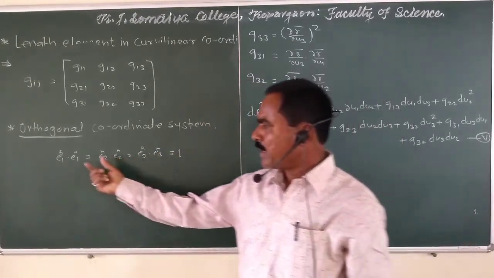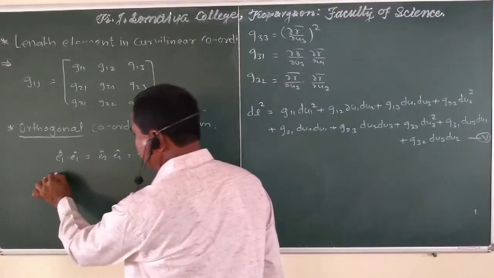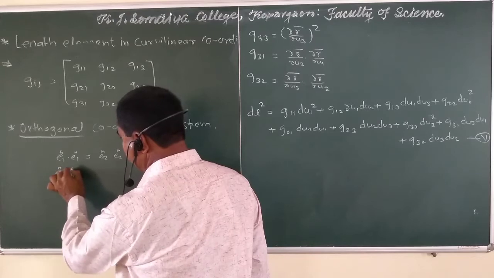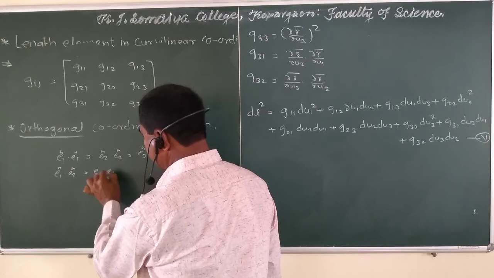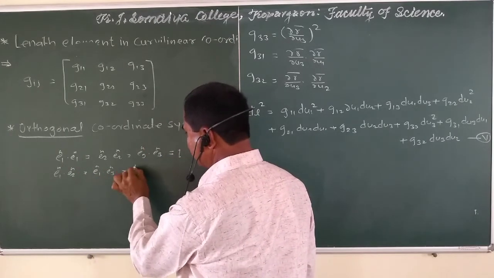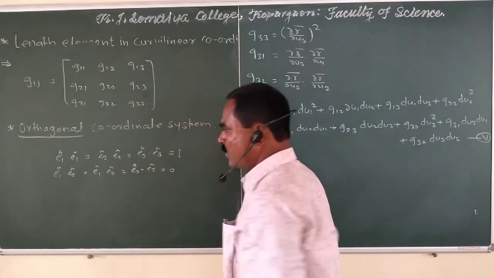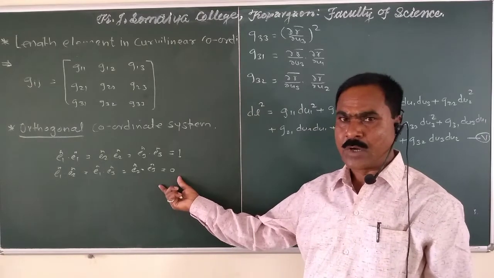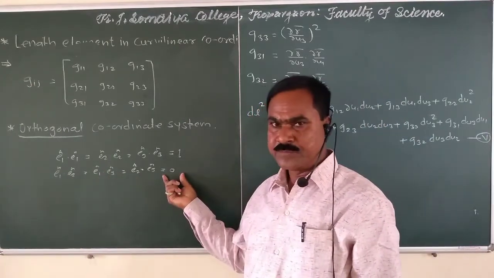This is for the dot product of similar vectors. Then E1 cap dot E2 cap equal to E1 cap dot E3 cap equal to E2 cap dot E3 cap, equal to 0. That means the dot product of dissimilar vectors is 0.